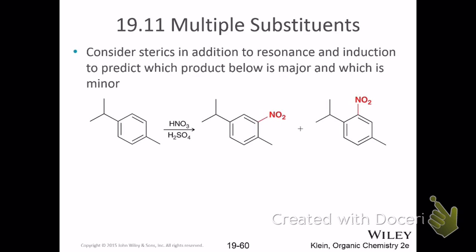Another example. These are both ortho-para directors, right? One of these is going to be major, and one of these is going to be minor. Almost always you get mixtures. Both are moderately activating.